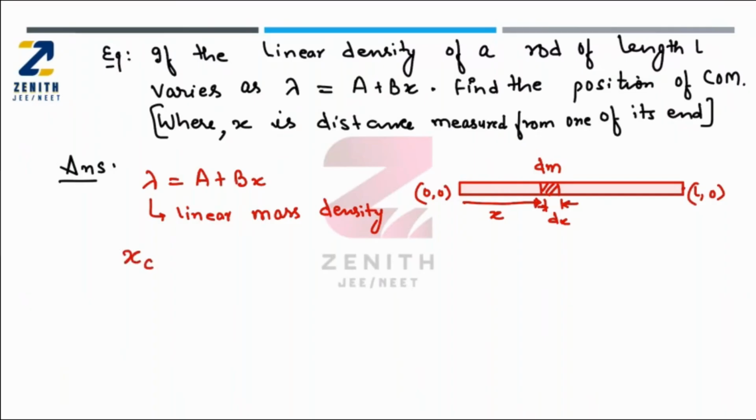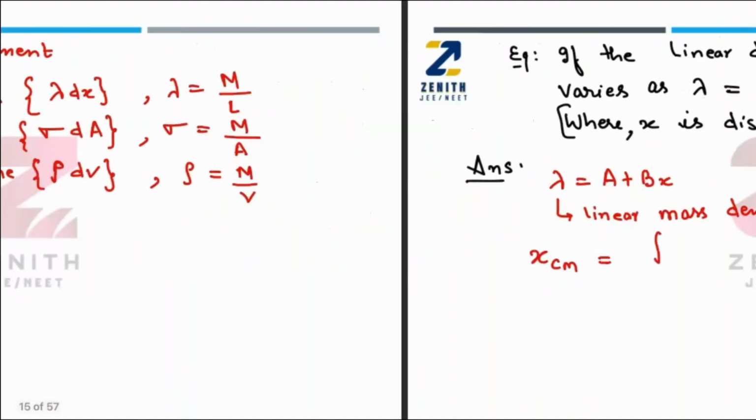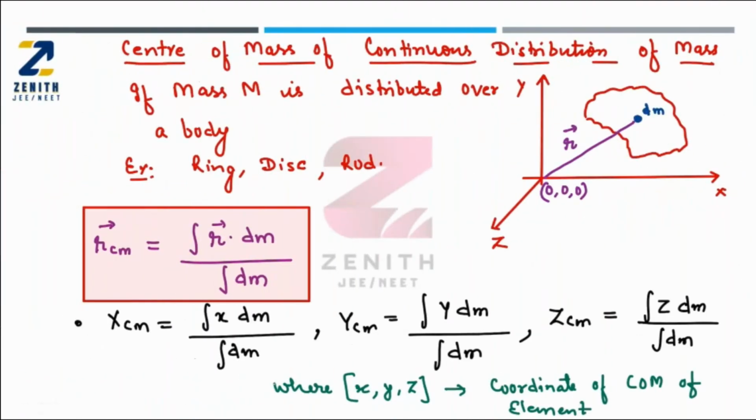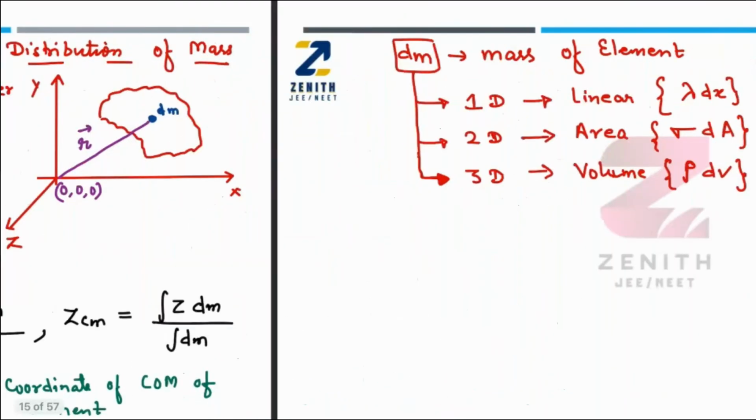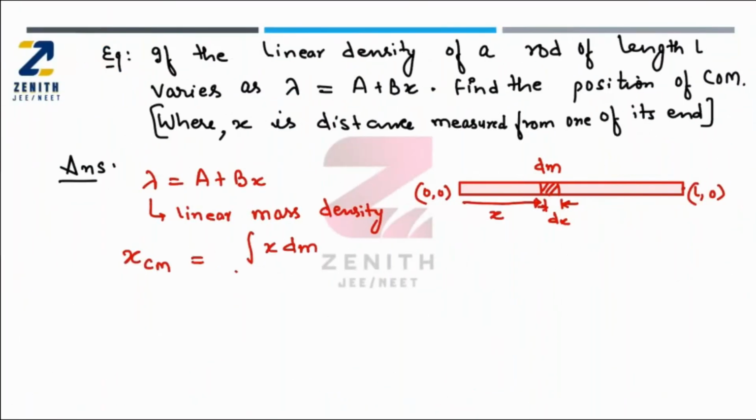Now if I want to calculate the x coordinate of the center of mass, what is the formula for a distributed mass? Just now I discussed: integration of x dm divided by integration of dm. Now dm is lambda into dx. But here lambda cannot be written simply as mass per unit length, because the lambda variation is given as a plus bx, so you have to put the same variation.